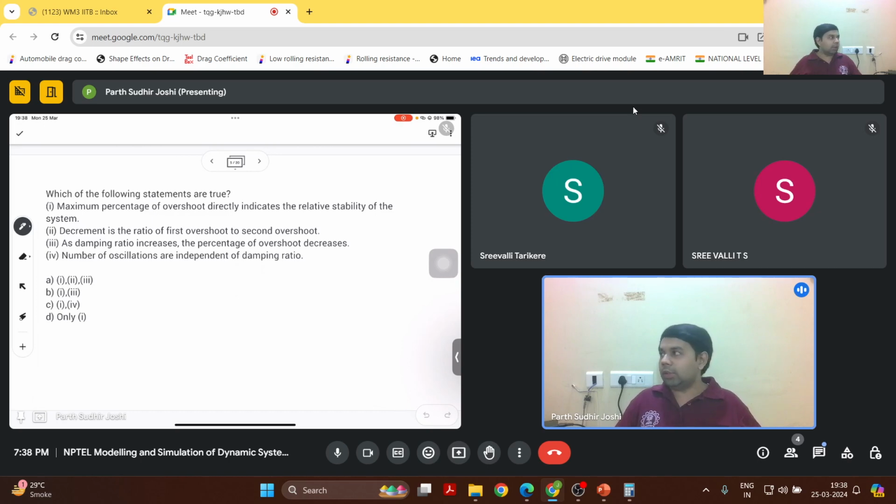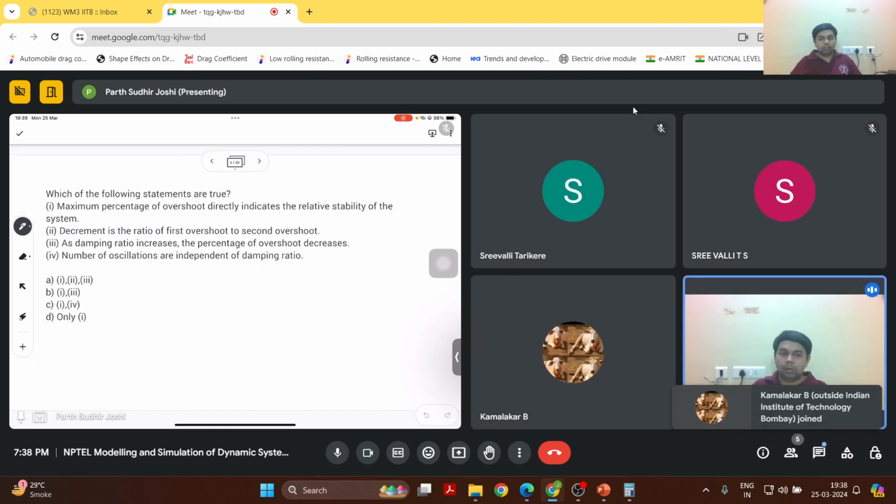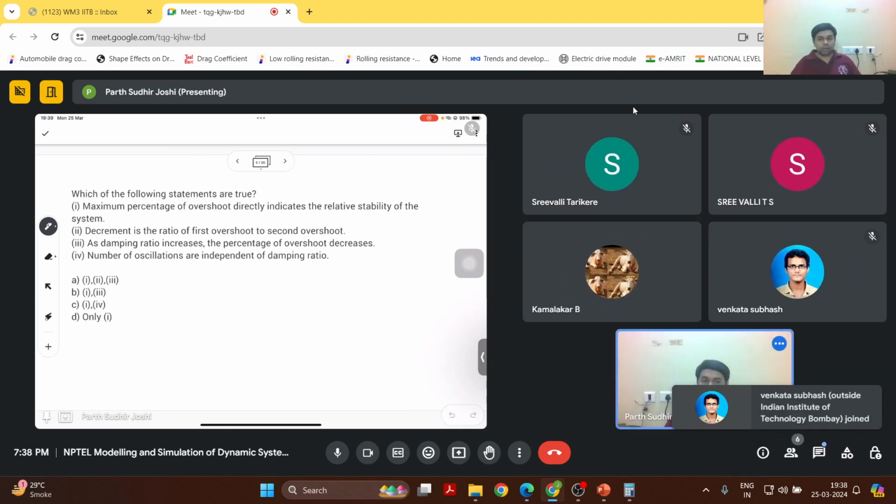For example, imagine a spring mass damper kind of system, and we suddenly pull the mass and hold it with a constant force.